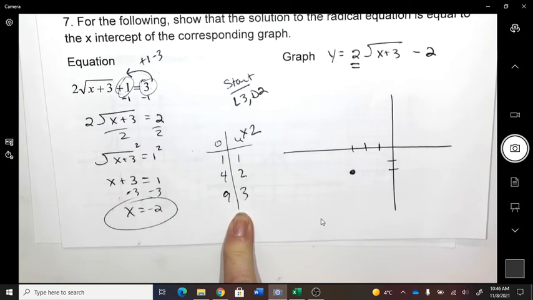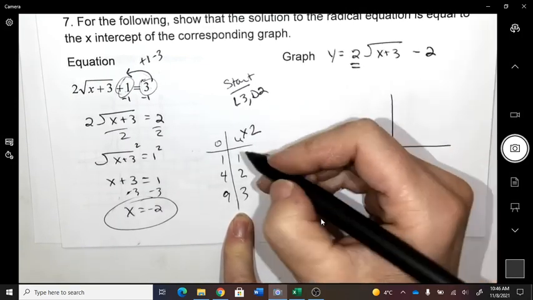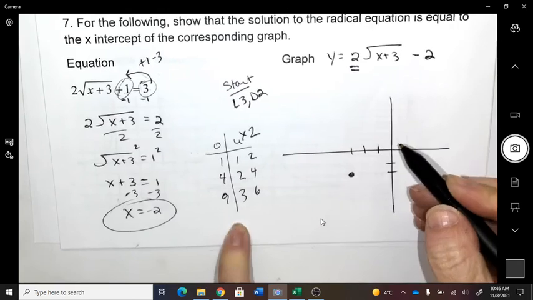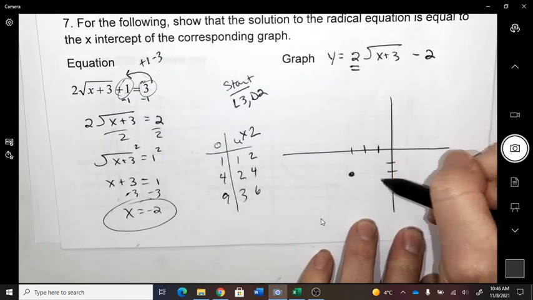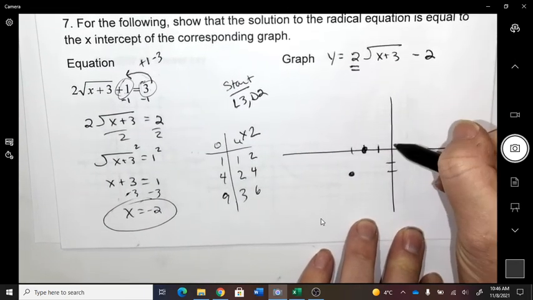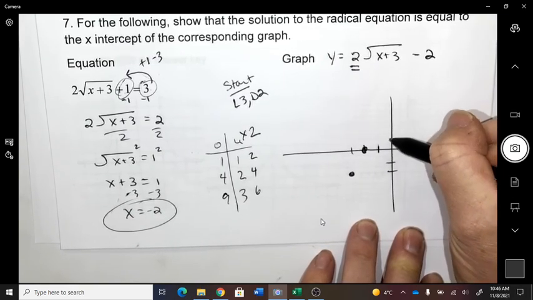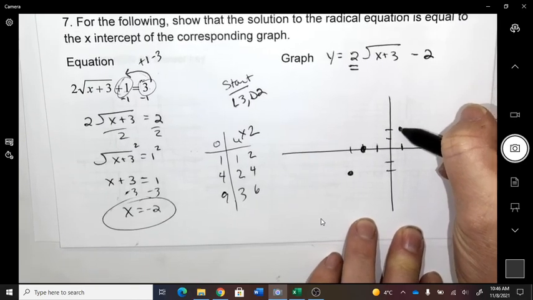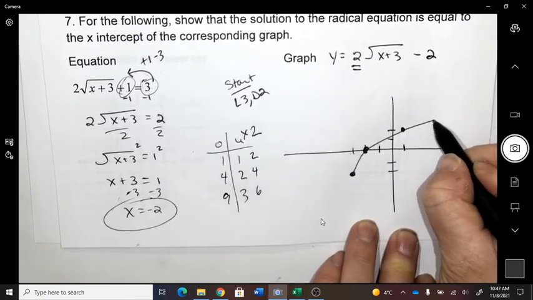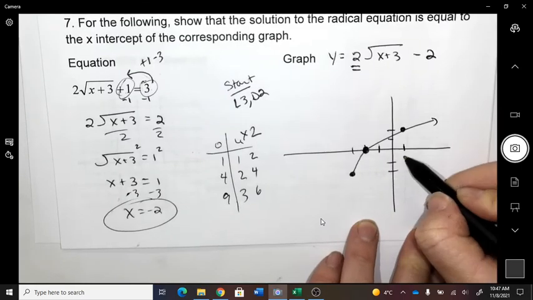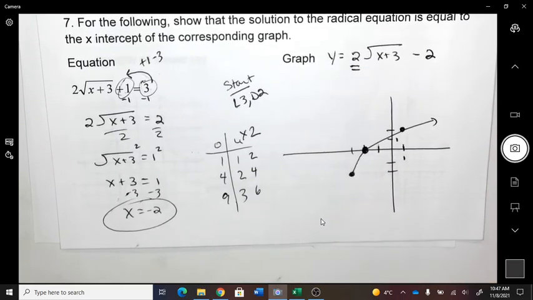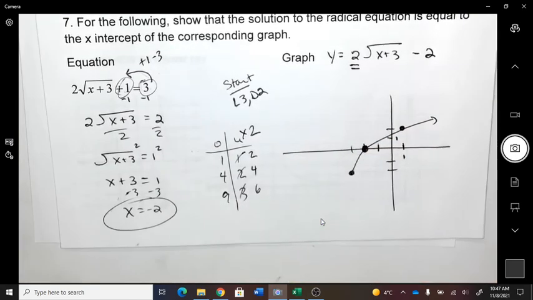I want to multiply the Y part by 2. Okay, so I went right 1, up 2, and then I went right 4, up 4.